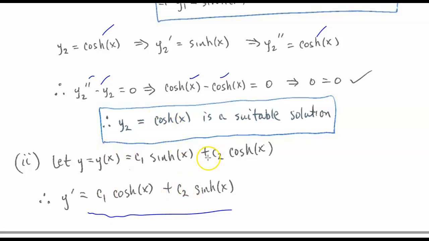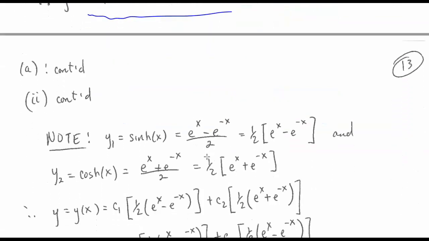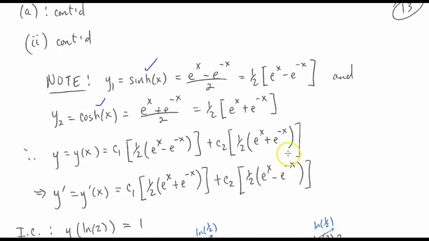Okay. Now, on the next page here, one of the things I note is what sinh and cosh x actually mean. And remember that the sine and cosine hyperbolics are just a linear combination of exponential functions, e raised to the x and e raised to the negative x to be exact. So part of the reason why I'm showing this here is that we are going to need this information to apply the initial conditions.